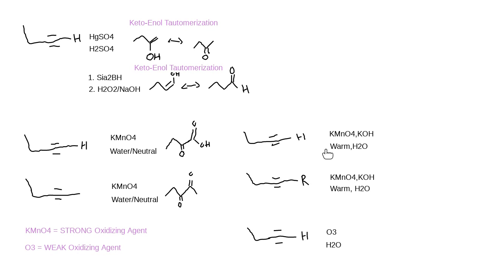Okay, so same scenario. We are in, not acidic conditions, just warm conditions, because we are using KOH, which is a base. So the difference here is it's actually going to split it up into 2 separate parts.